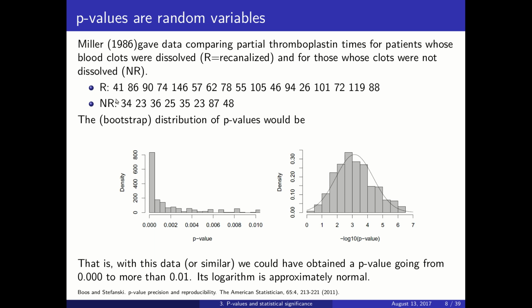These are the partial times that we have, however they are defined in that domain. So these are the numbers that we observe in one of the groups, these are the numbers that we observe in the other group, and you may compute the p-value.